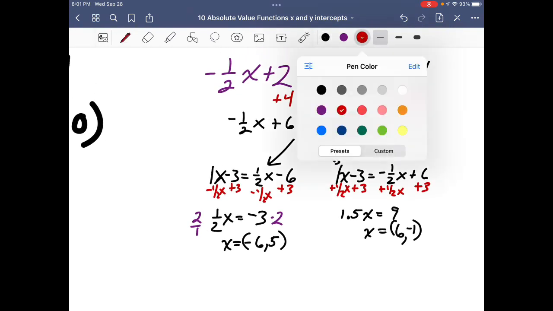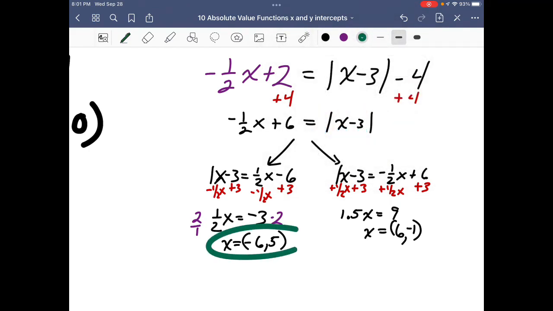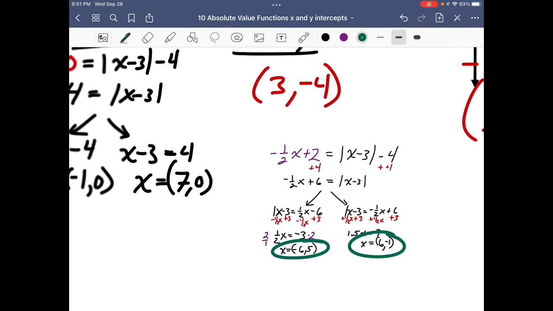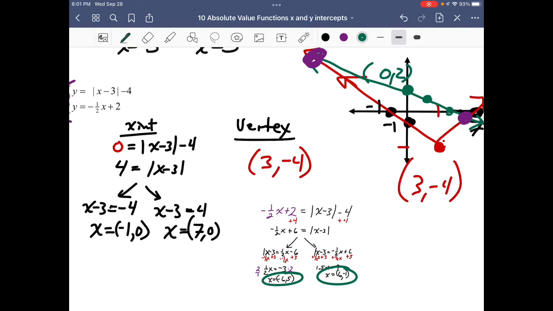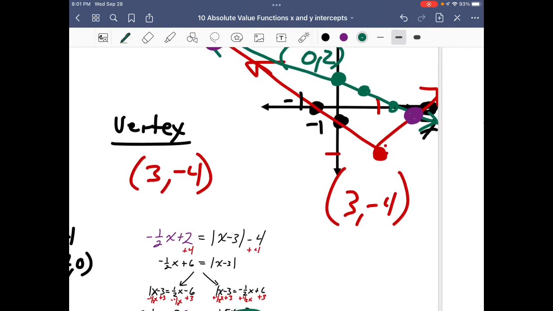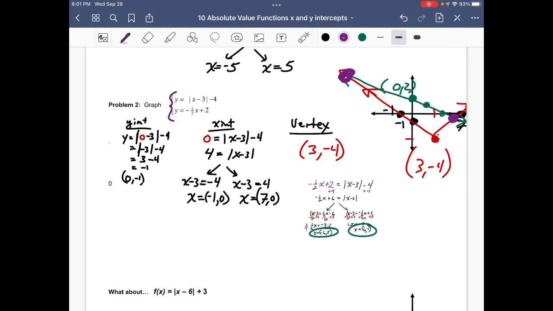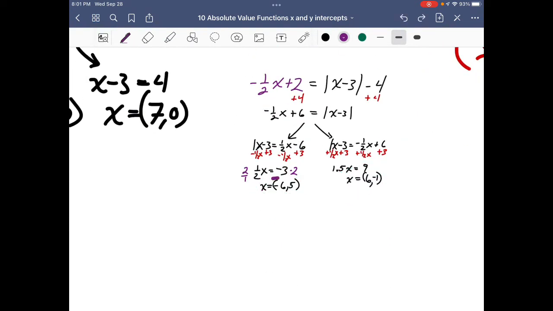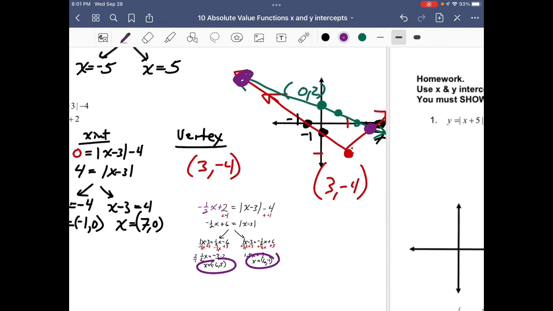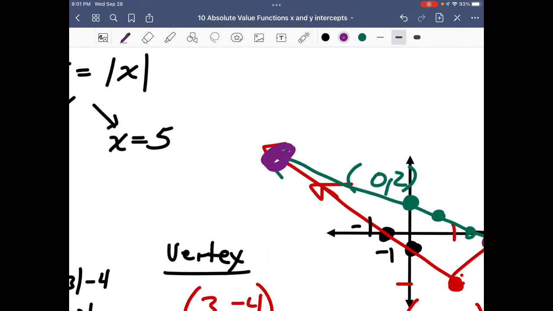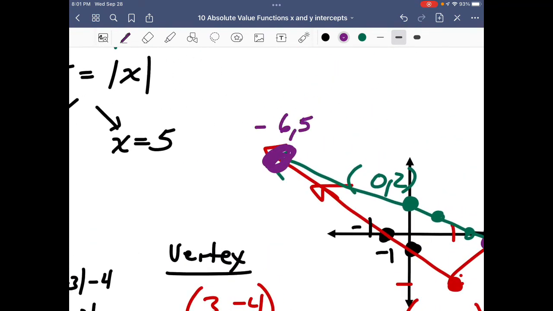Now, what are those points right there? Well, those were those intersection points. And if you go over here and look at your graph, you should be able to reason that, oh yeah, I put them in purple. Those 2 points right there look like they definitely are the 2 purple points.